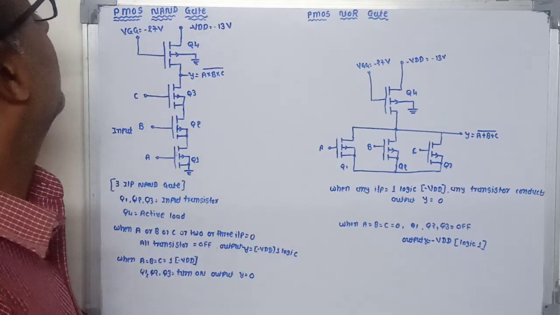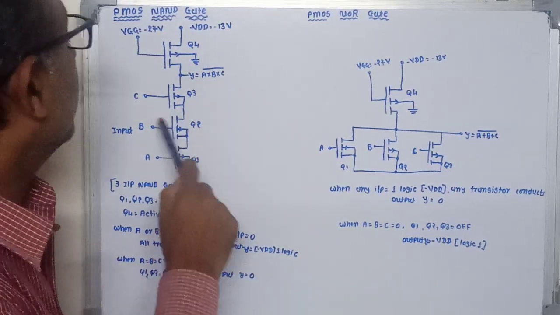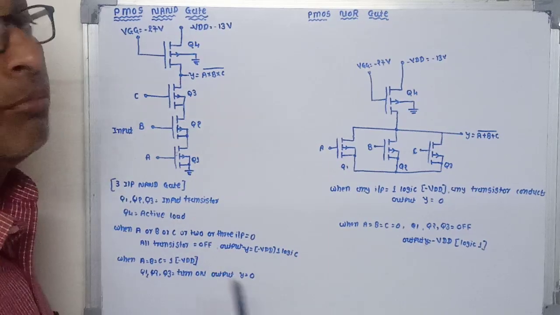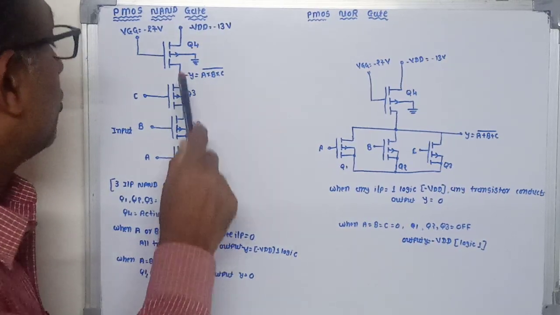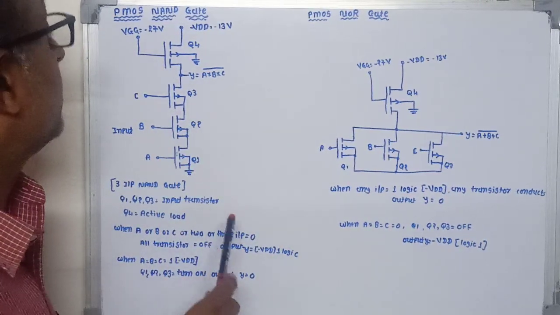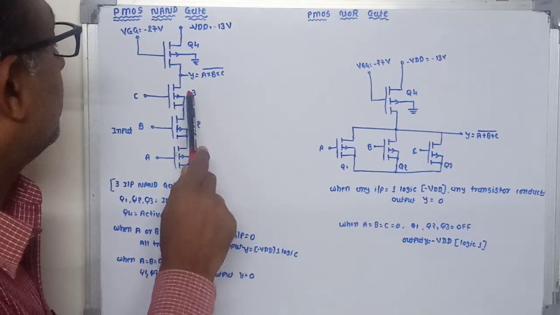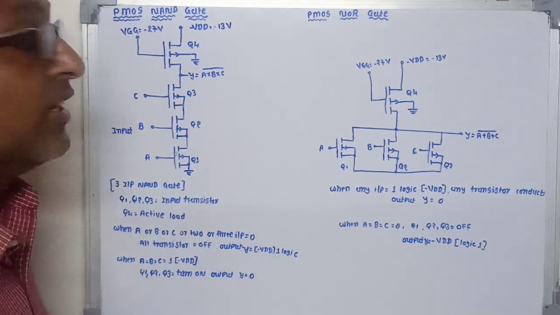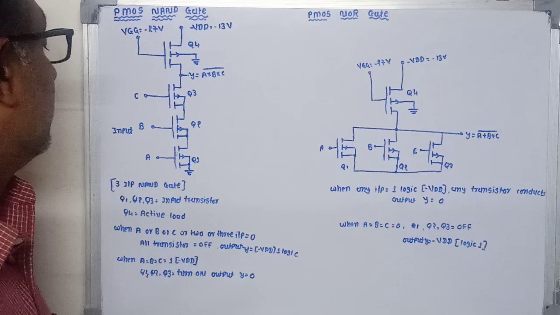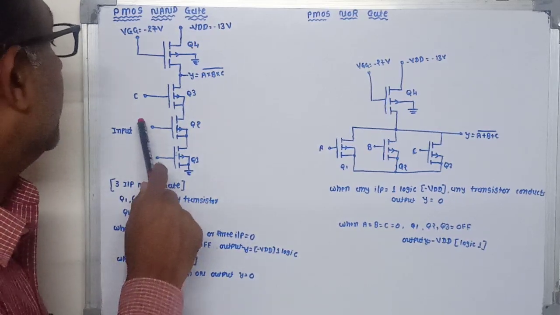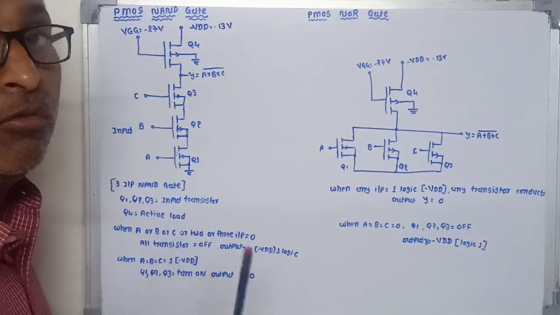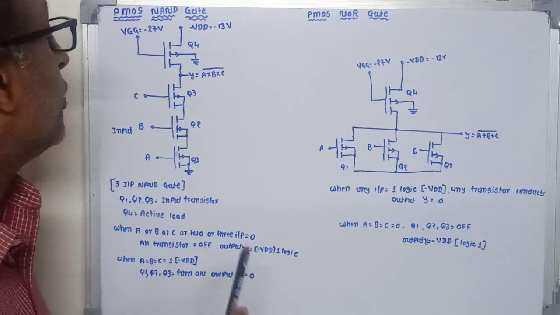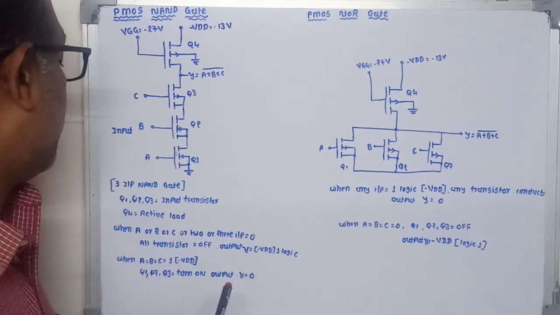PMOS NAND gate. The 3 input NAND gate using PMOSFET circuit is shown in this figure. Transistors Q1, Q2 and Q3 are the input transistors. The inputs A, B and C are given to transistors Q1, Q2 and Q3 respectively.